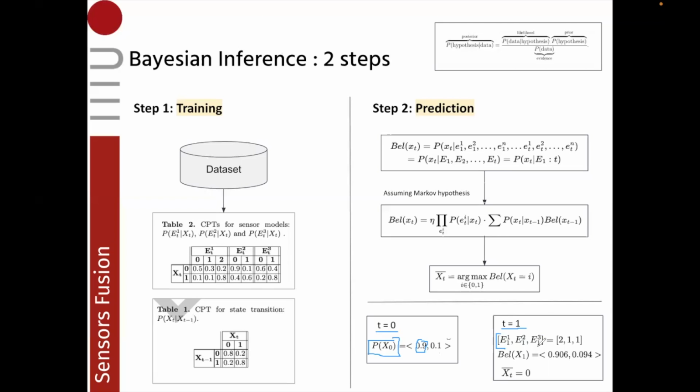Again, it's not a direct measure, because what the sensor provides us is a categorical state. Remember that we are in the decision fusion context, so we are trying to fuse, mathematically speaking, the outputs of classifiers. So we calculate the belief function x1 on the state x1. As you can see, it's 0.9 for state 0 and 0.09 for state 1. Applying the argmax, we conclude that the estimation of the value of the state at time equals 1 is 0. And here we have the result.